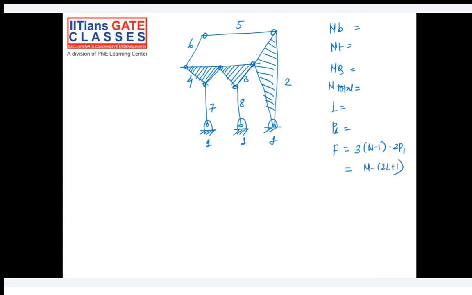Number of binary links are 5. So no, total number of links are 8 here, you can clearly see.